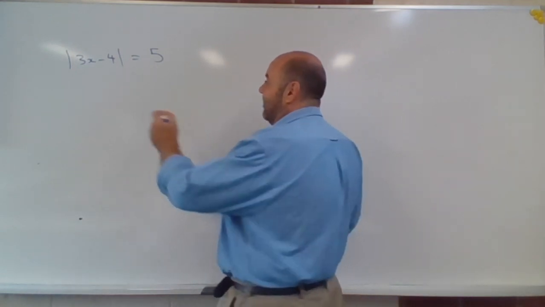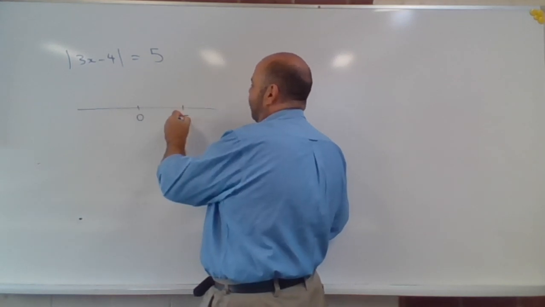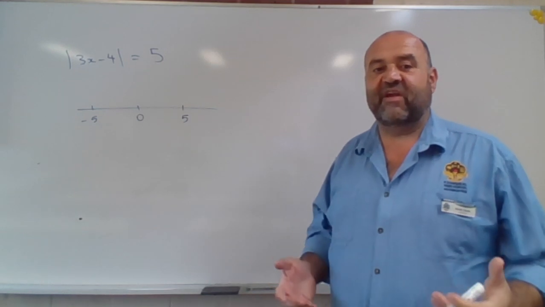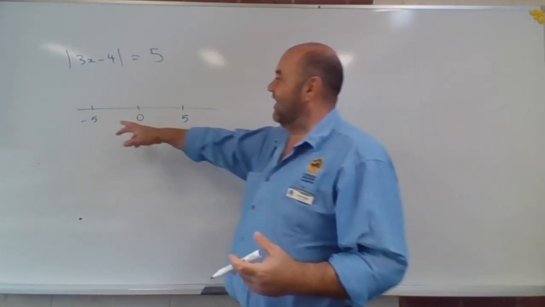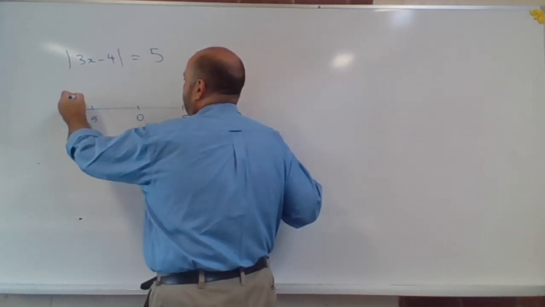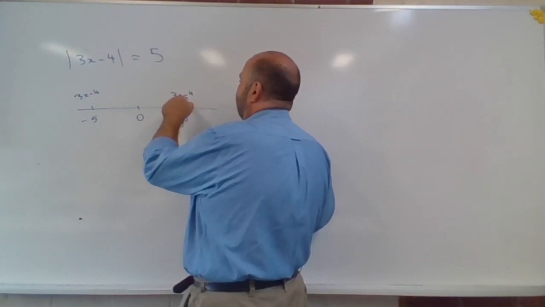Okay, so that means that if we think about a number line, and here's our origin, here's 5, here's negative 5, we're saying that 3x minus 4 lives at negative 5 and it lives at 5. So 3x minus 4 is here and 3x minus 4 is there.